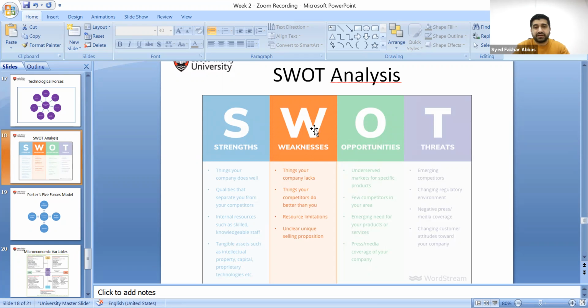Weaknesses means things your company basically lacks and things your competitors do better than you. Resource limitations, then an unclear unique selling proposition.